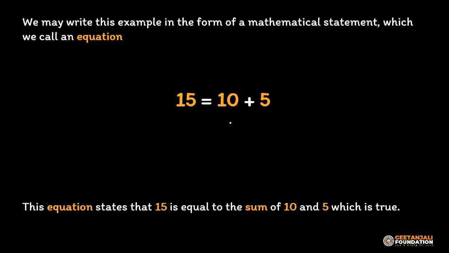Look, in this equation, on the left side of equal sign I have kept 15 as I had 15 kgs weight on the left side, and on the right side I kept 10 and 5 as I had these weights on the right side. I added them so that their sum should become equal to 15, which is equal to value on the left side. This is all about the equation. That value on the left side of equal sign should be equal to the value on the right side.